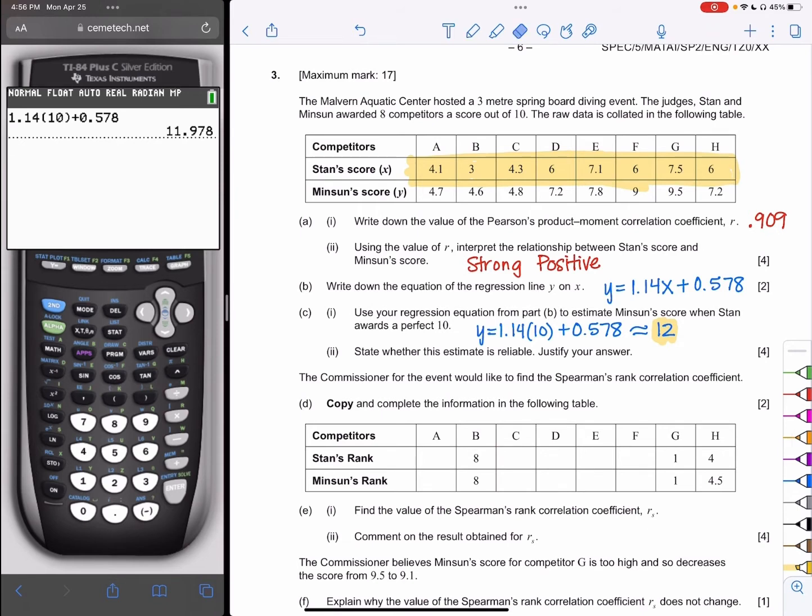So here I can say 10 is outside the range of X values. So I know that this is not going to be reliable, and that is the reason why.